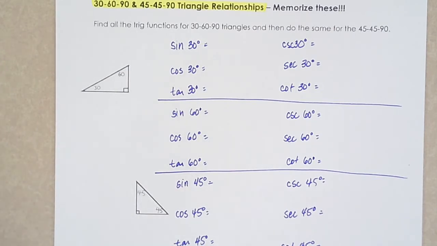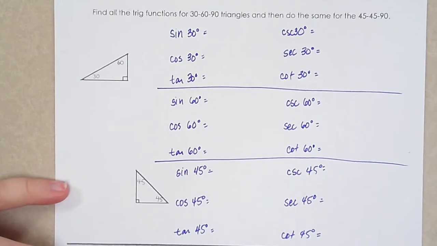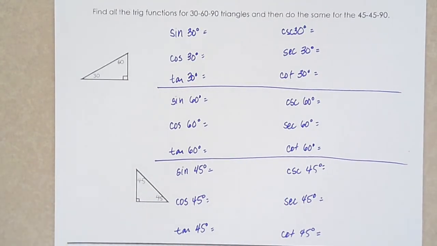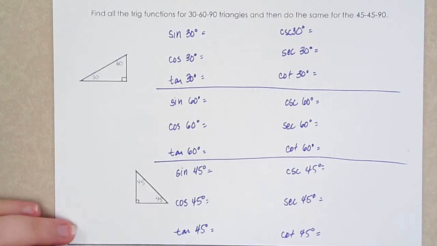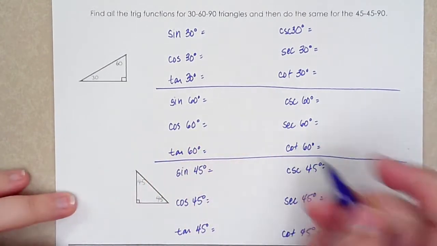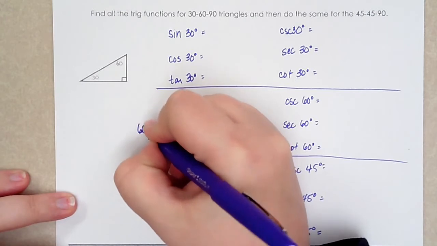So we're going to start out, and for the sake of time, I already wrote out all of my trig functions. We just have to figure out what they are. The nice thing is, I actually already tricked you into doing a whole set of these. I tricked you into doing the 60-degree stuff.